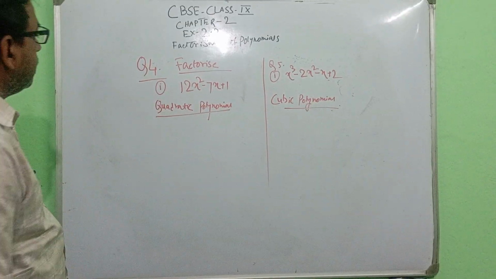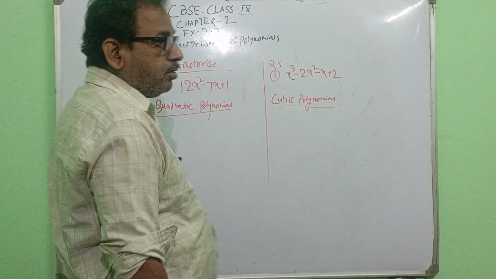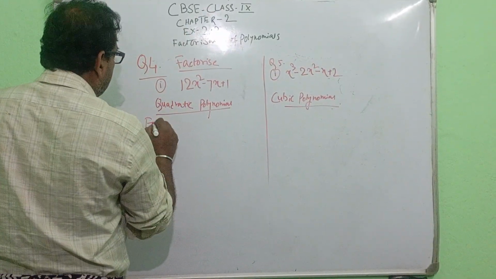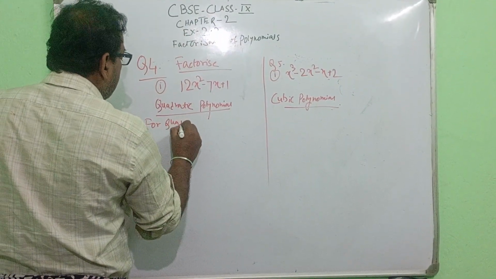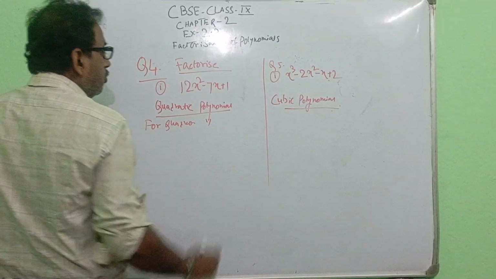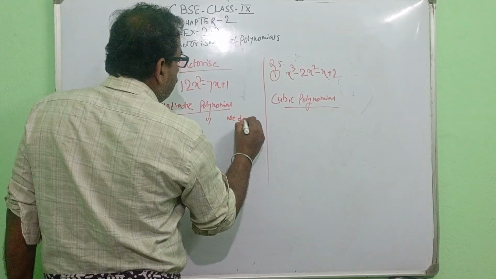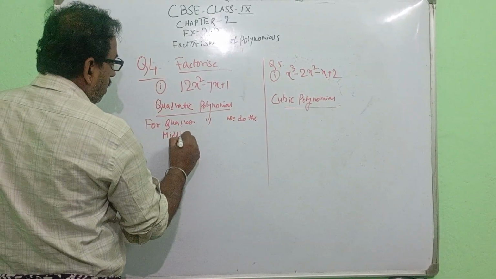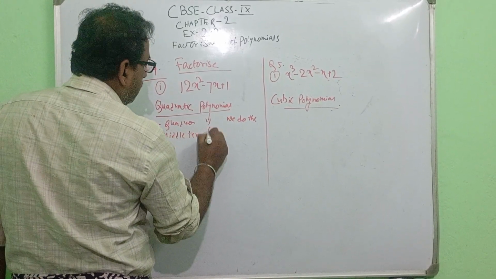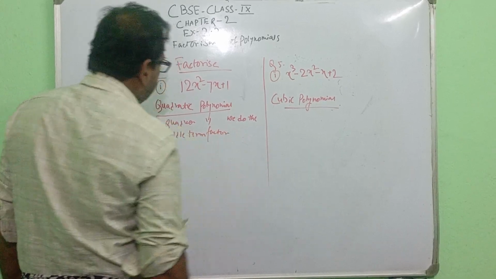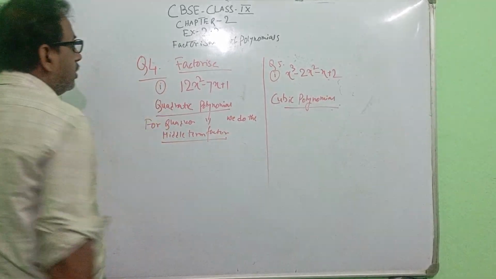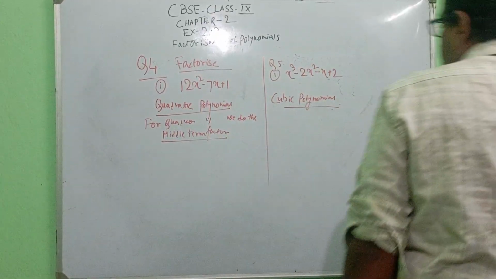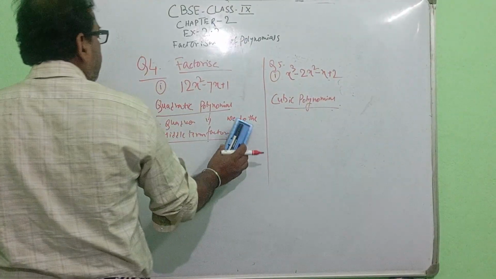Now how do we treat that? For a quadratic polynomial, we do the middle term factor. Is it clear? For a quadratic polynomial, we use the middle term factor.